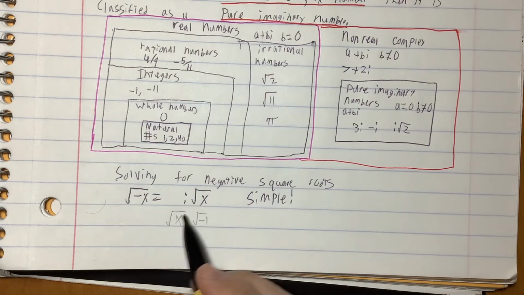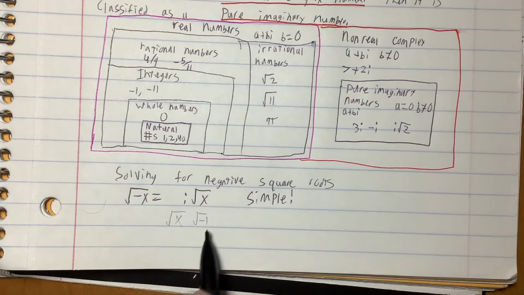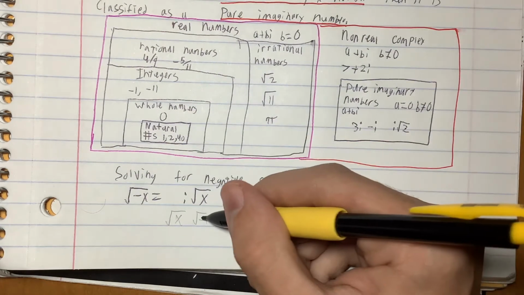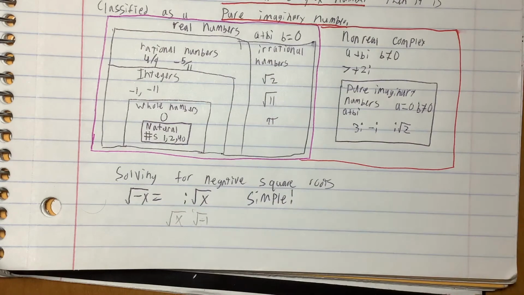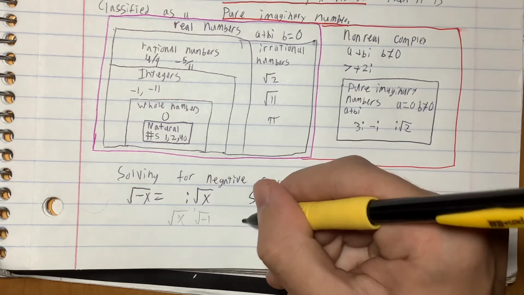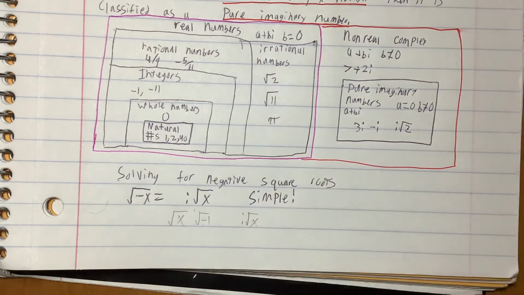Because we just factored the square root of -1 out. And what does the square root of -1 equal? That equals i. So it'll just simplify to i square root of x. Very simple.